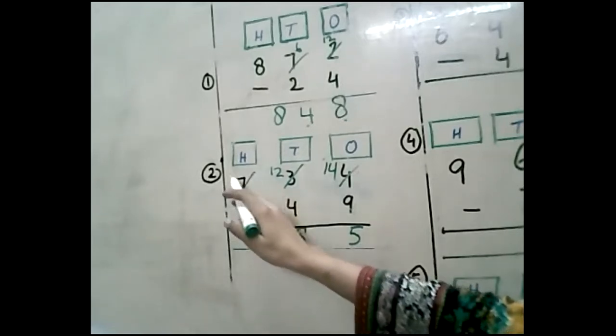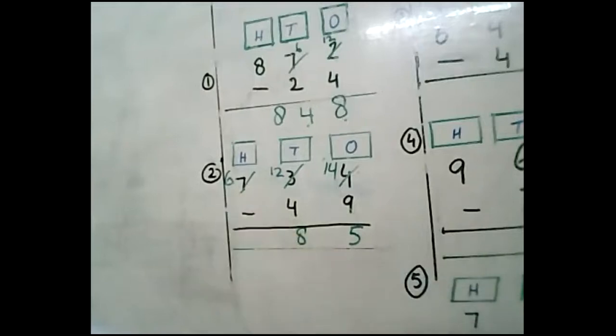Right? And 4 we will minus 4 from 12. So it will be 8. And now it is 7. No, it is not 7 anymore. It is 6 because we have regrouped. So this is 5 ones, 8 tens and 600. Now question number 3.